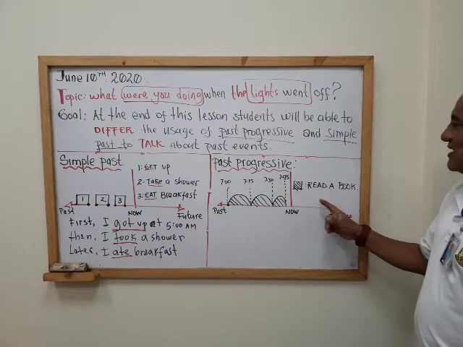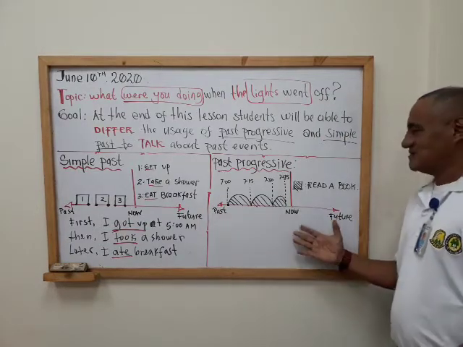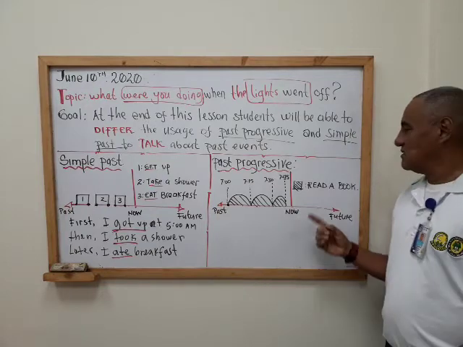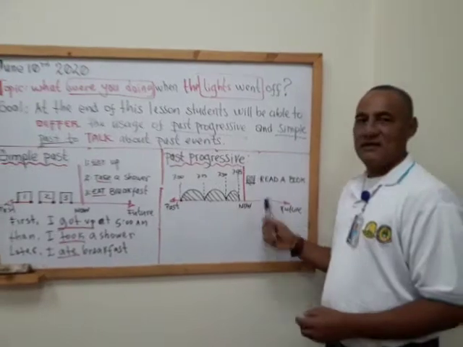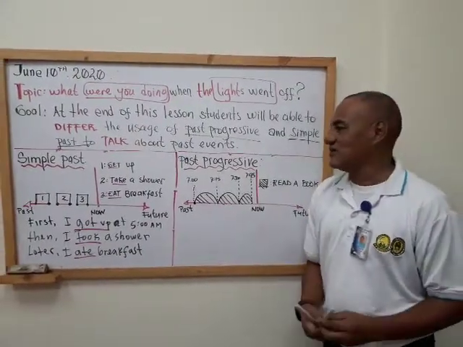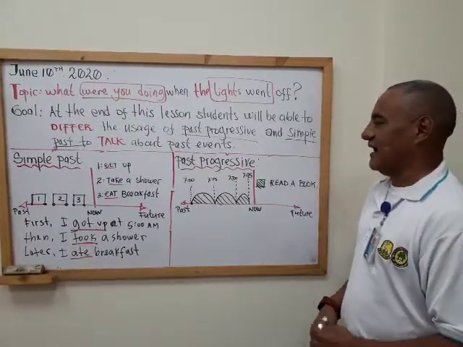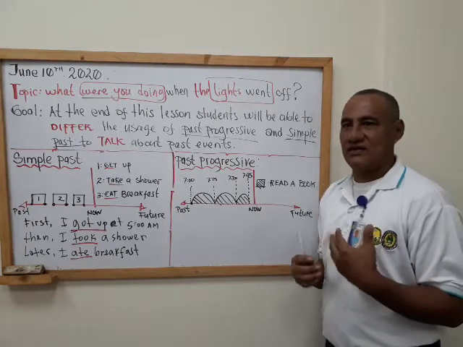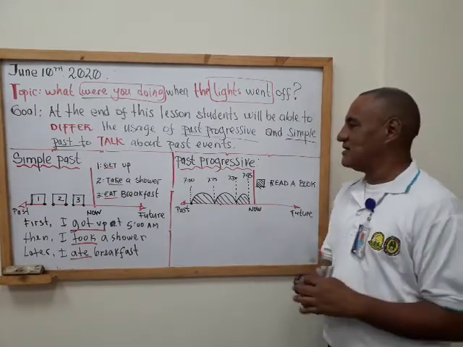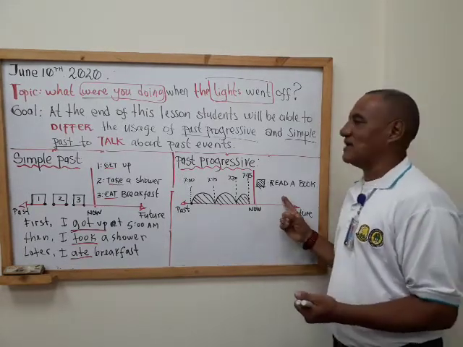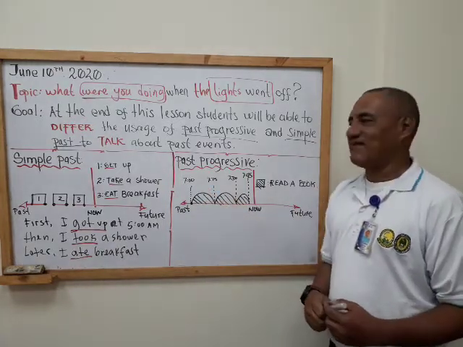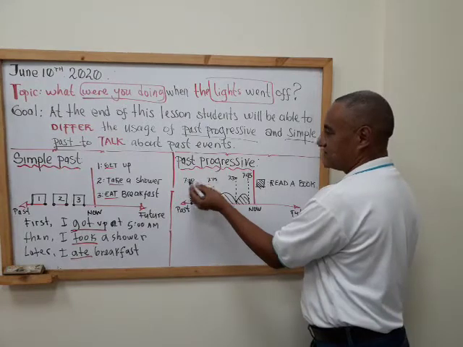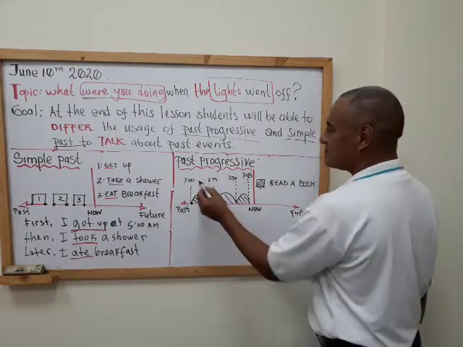So, according to this figure we got here, read a book. This is the action, leer un libro. Then I began yesterday, I began to read a book at 7 p.m. That was last night.